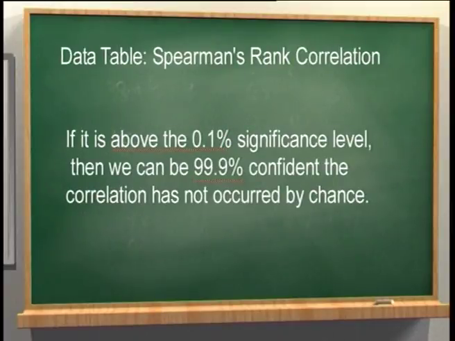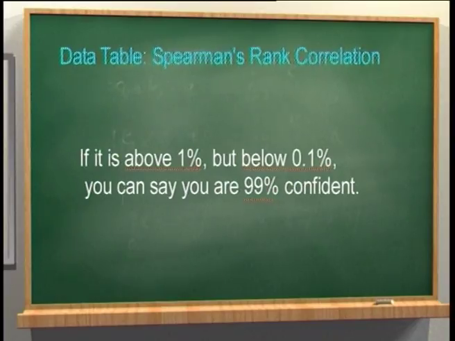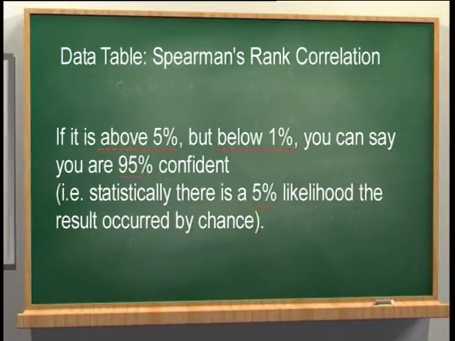If it is above the 0.1% significance level, then we can be 99.9% confident the correlation has not occurred by chance. If it is above 1% but below 0.1%, you can say that you are 99% confident. If it is above 5% but below 1%, you can say that you are 95% confident.